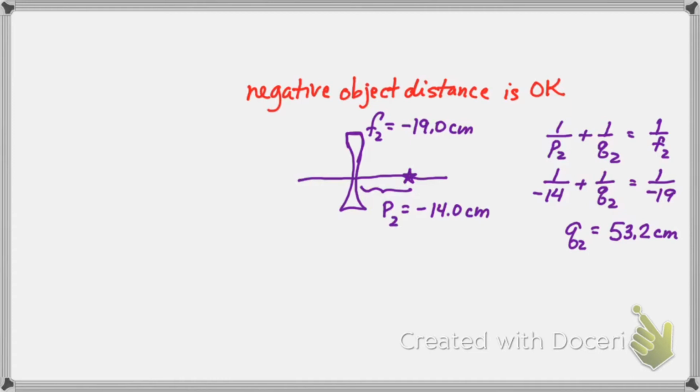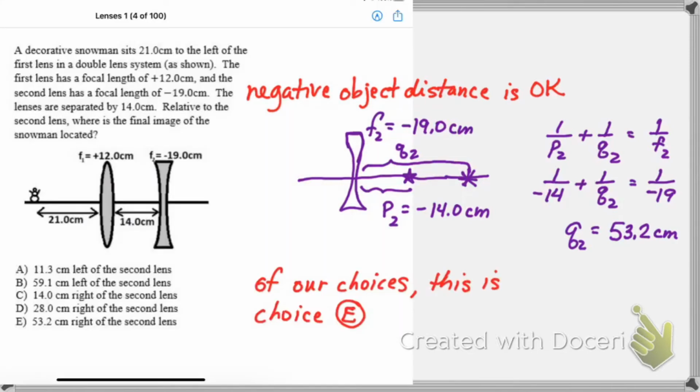So the right side is going to be a positive image, but a negative object. So that means it's over here, past, of course, where our object was. Pretty far out, actually. If you look at your answer choices, you'll see that happens to be E, 53.2 centimeters, to the right of the second lens. So that's a good piece of information there.